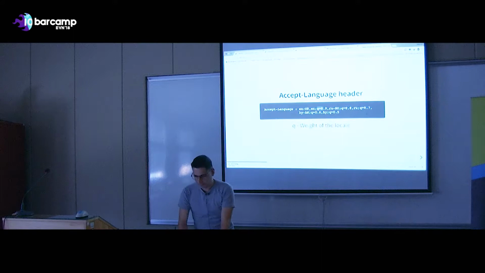Q stands for the weight. The higher the Q, the higher the person's preference for that language. If it's not available, I would like to get it in Russian, and if that's not available, I would like to get it in Armenian.